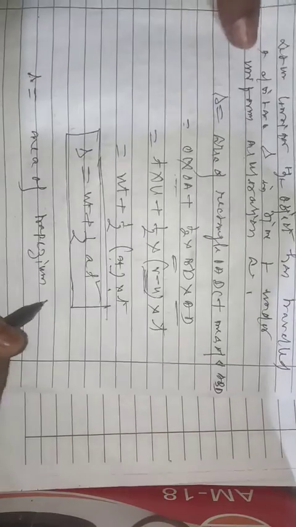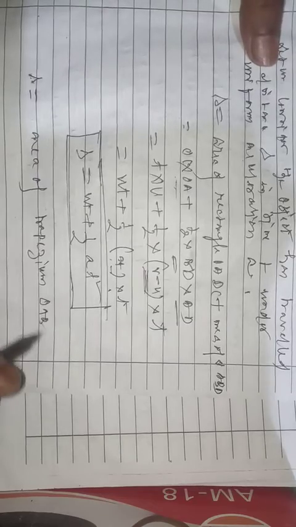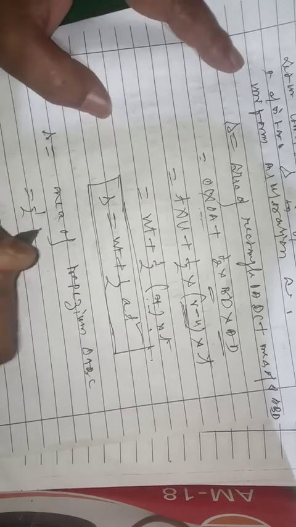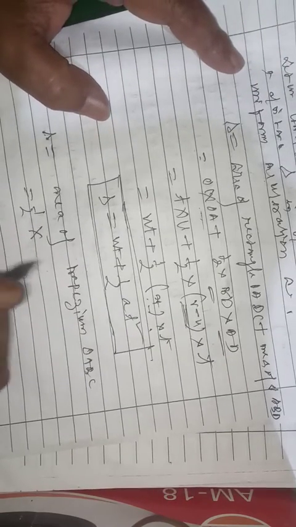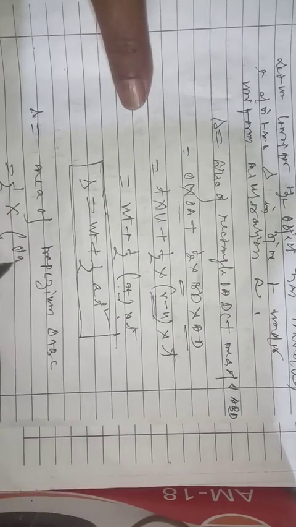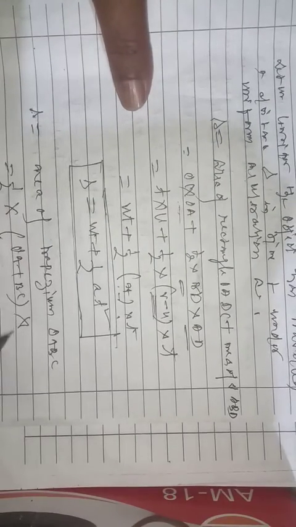So area of trapezium, what is the name of the trapezium? OABC. Formula is half into sum of the parallel sides. Parallel sides are OA plus BC, into height.